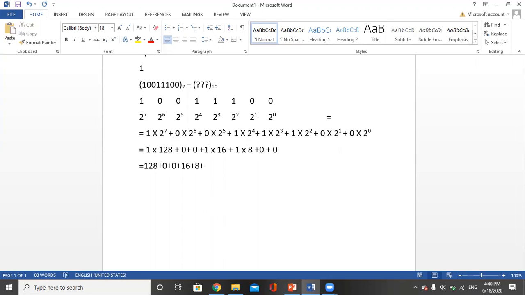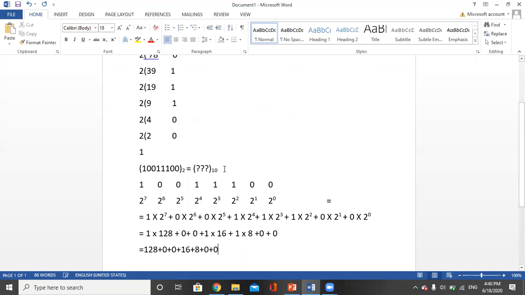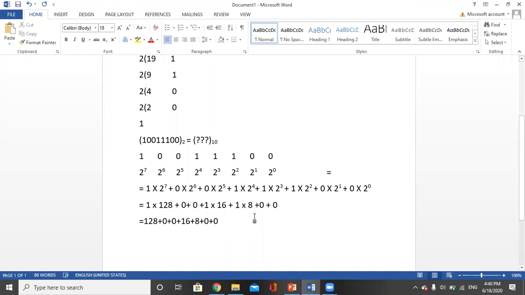So it's 128 plus 0 plus 0 plus 16 plus 8 plus 0 plus 0, and then 2 to the power 2 is 4, plus 4.